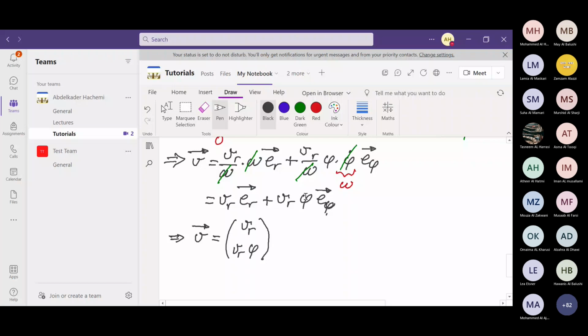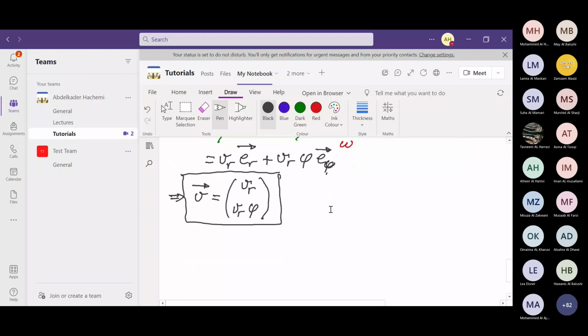This is what it's asked for in the second part. Now it's asked to get the magnitude of V. Here we can write it also as the absolute value of the V vector. In this case, what we have is VR square plus VR phi square, all under a square root.